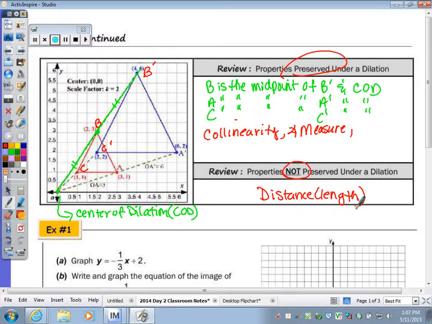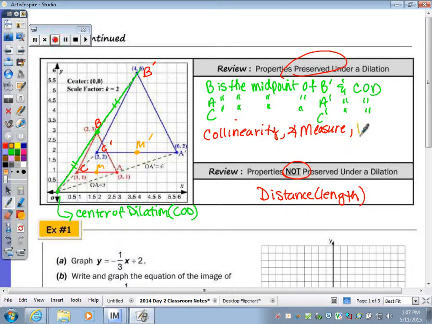What about, I'll give you the words, you just tell me yes or no. What about betweenness? Okay, remember, betweenness just meant that, I'll use the orange, if there was a point that was between, so I'll call it M prime. If we have a point that was on the original figure between A and C, the image would also be between A and C. They're still collinear.